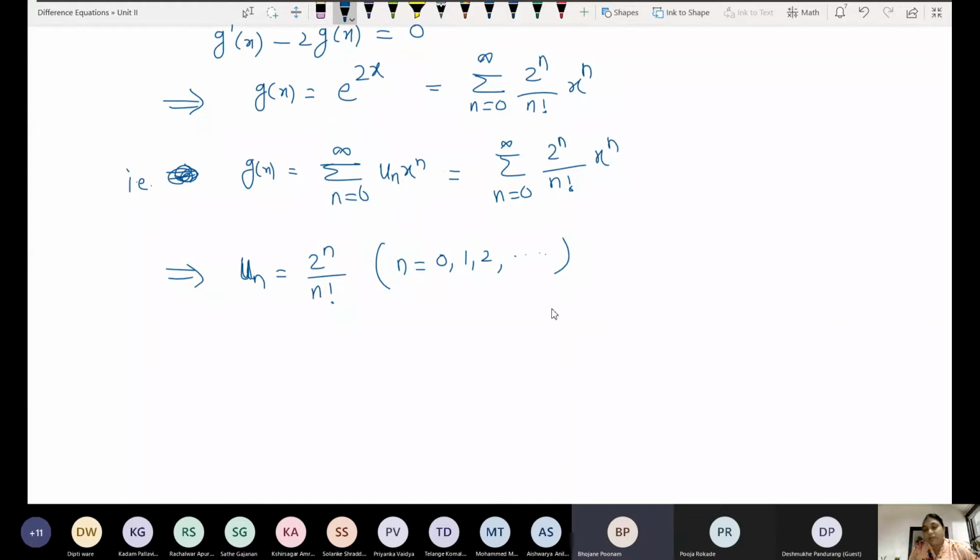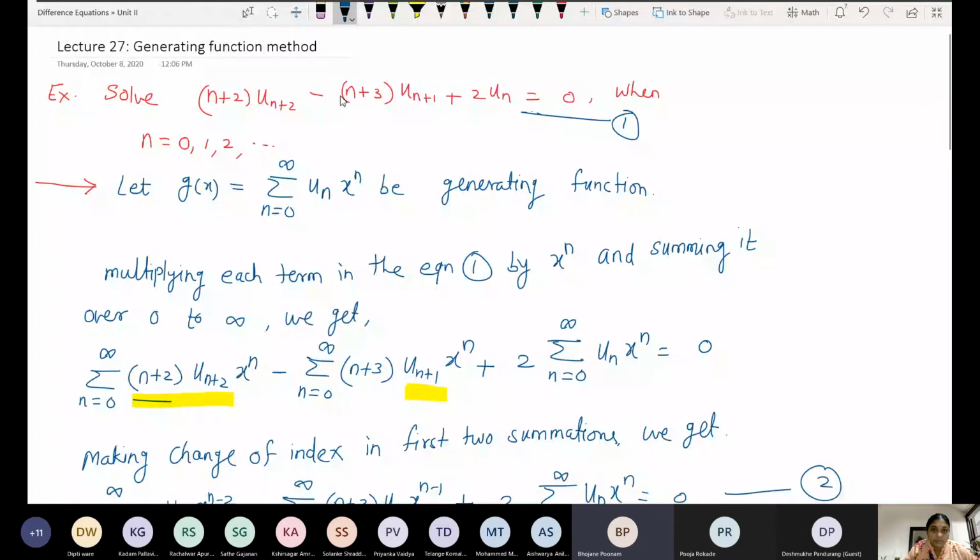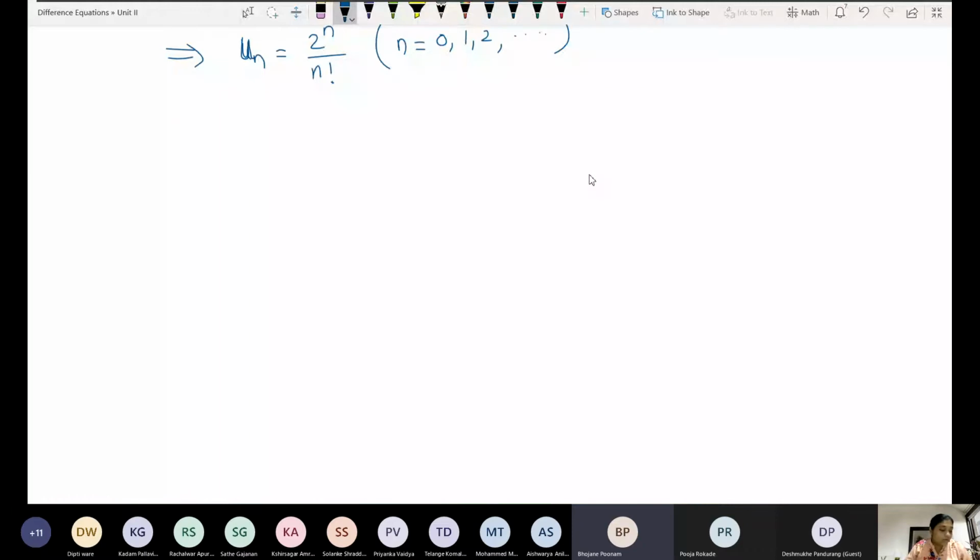But my given difference equation is second order, so I must have two solutions, right? So to find the second solution, I will use the previous method, the reduction of order method, given one solution.